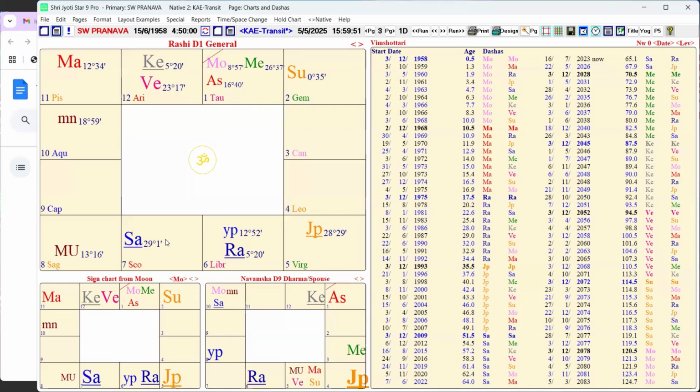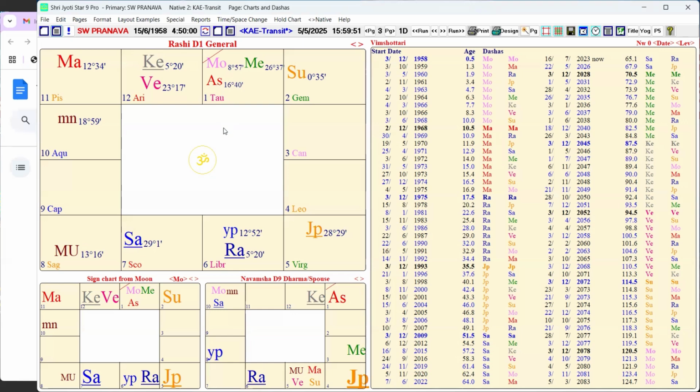So if you count from Saturn, 1, 2, 3, 4, 5, 6, 7, you get back to Taurus, which is aspected by Saturn. So that means Saturn aspects these planets that he influences, the Moon, Mercury, and the ascendant. Okay, we'll talk about which planets are friends, which are enemies later.